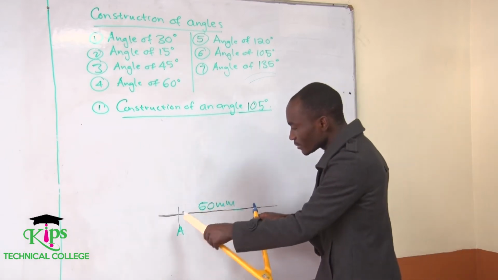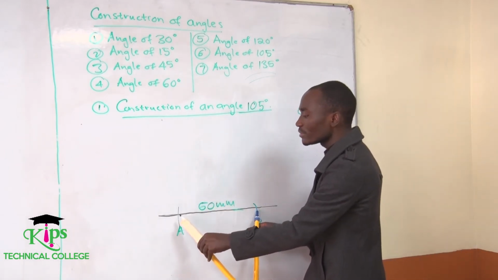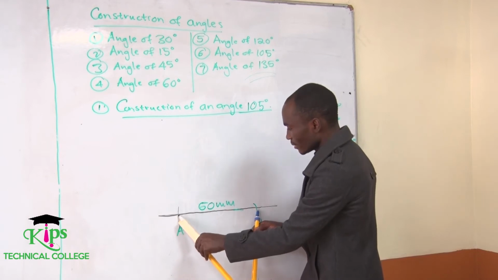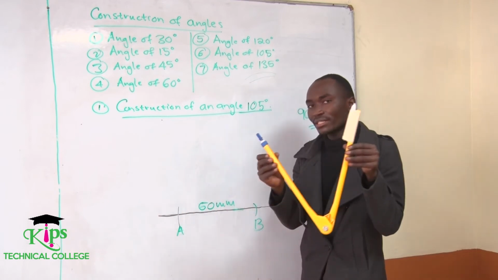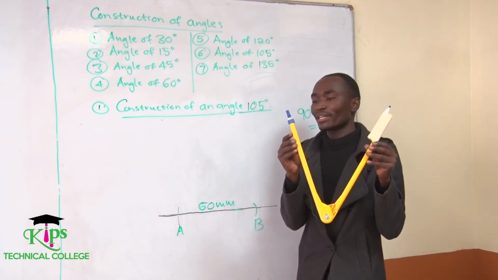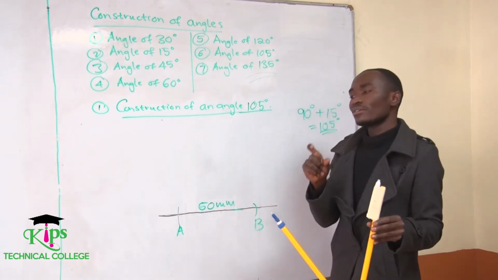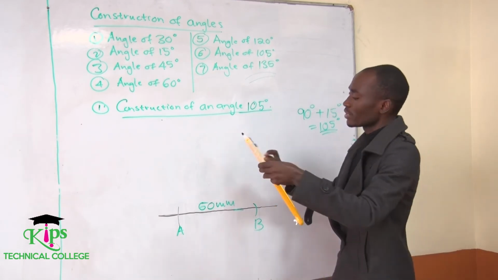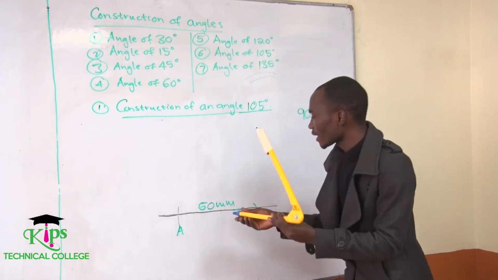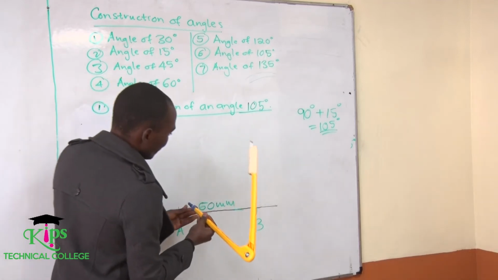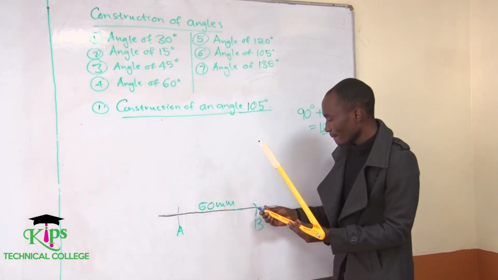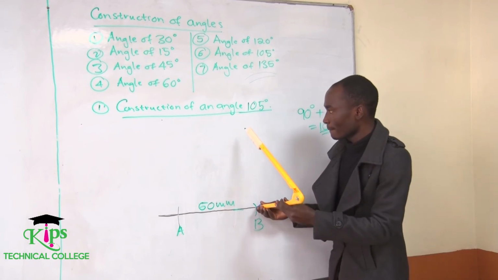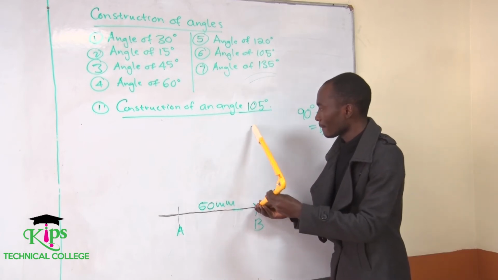So let's use the same measurements you used here. You should ensure that they are the same measurements that you used, exactly 60 millimeters. So you will stand at point B, like this.